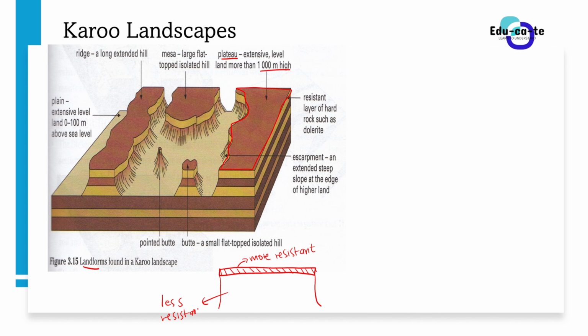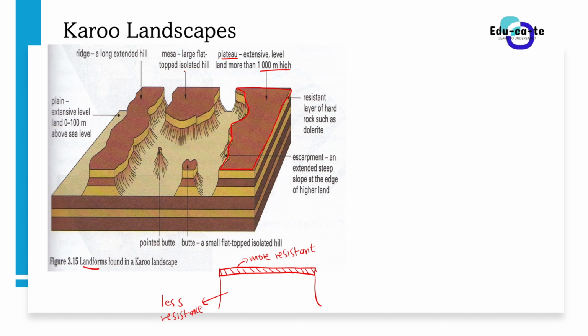This simply means that these ones are less resistant to erosion. When water comes, it can easily wash them away, or through all those other processes. So here there is less resistant rock, and on top there is more resistant rock. This is our plateau. It is just an extensive level of land that is more than 1,000 meters high. Remember, we said that this is formed from lava erupting from underneath the Earth's surface.